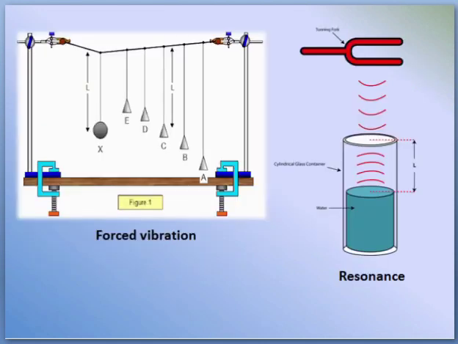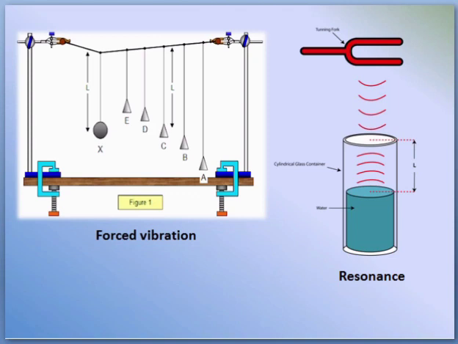Now, looking at the diagram on our screen, it shows 6 pendulums, which are A, B, C, D, E, and X. From our observation, X and C are of the same length.